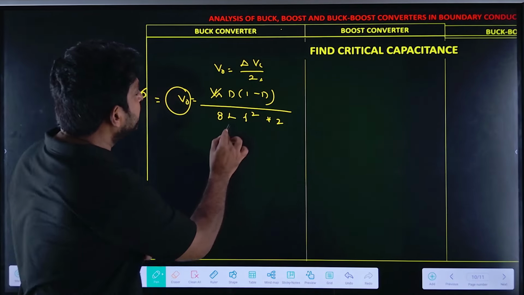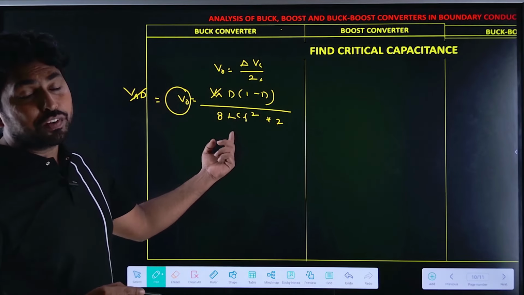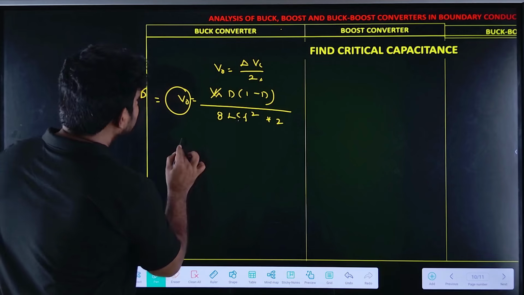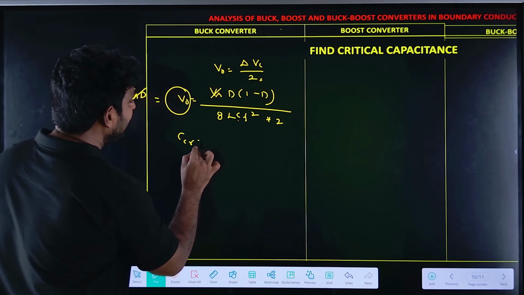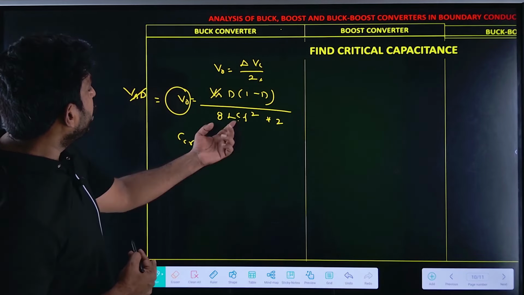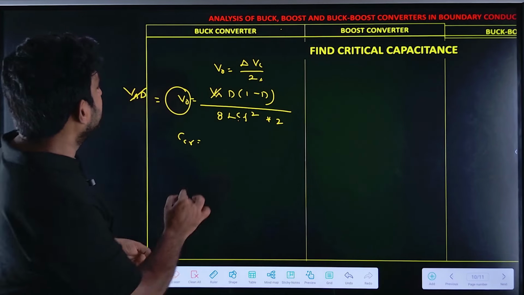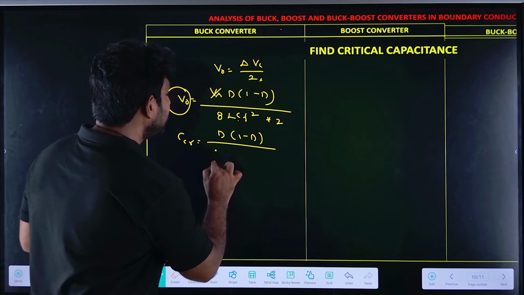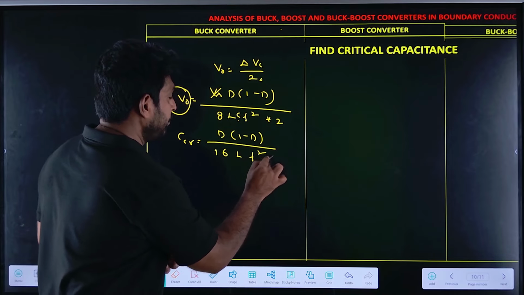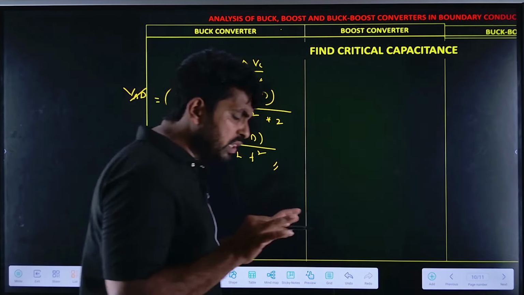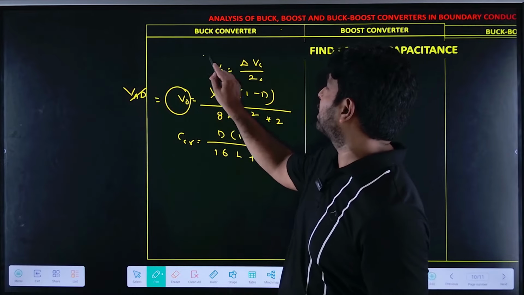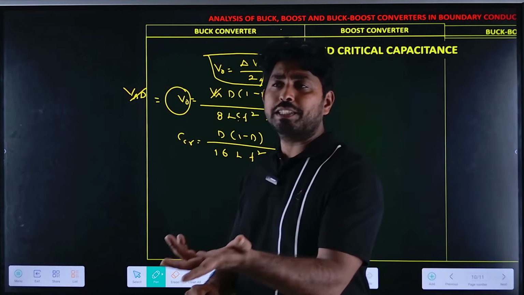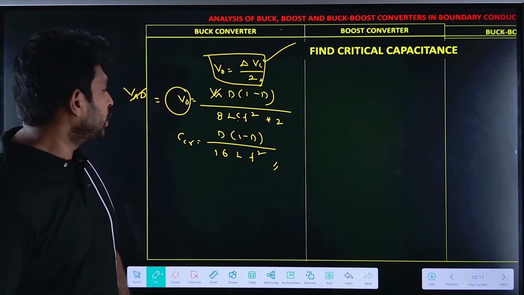From that, it is LCF square, so you can find the critical value of the capacitance. C critical equals d into 1 minus d divided by 16 into L into F square. If you know the fundamentals, that is sufficient. If you know this equation, which you have already derived, and you know the delta Vc expression, you can easily find it.